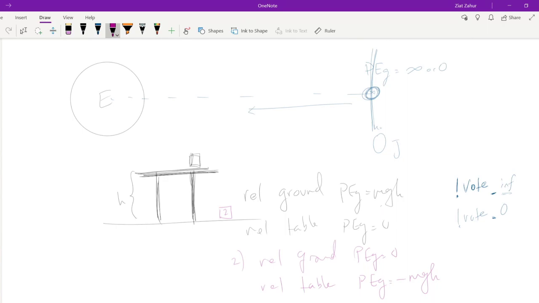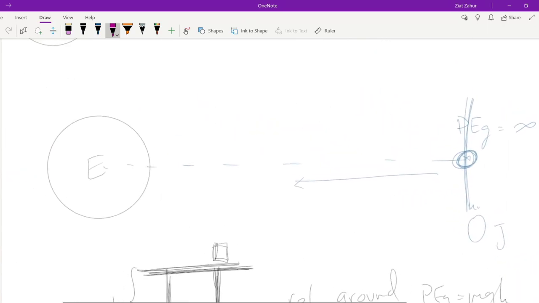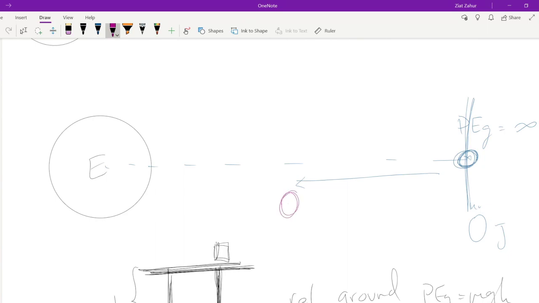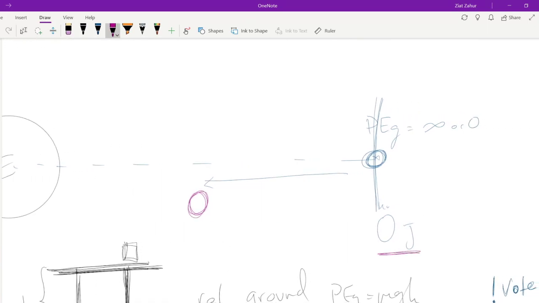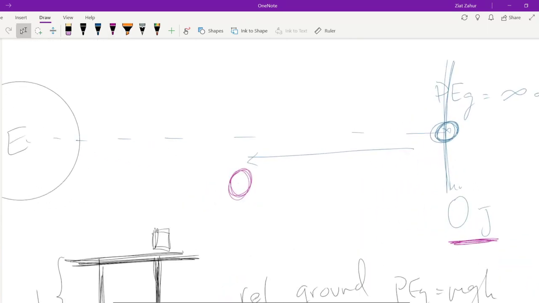So the negative sign means you have less than your maximum, and we're saying the maximum energy is 0. You come from nothing, and by bringing this object in, you become more and more negative. And being on the surface, you have some sort of negative PEg.